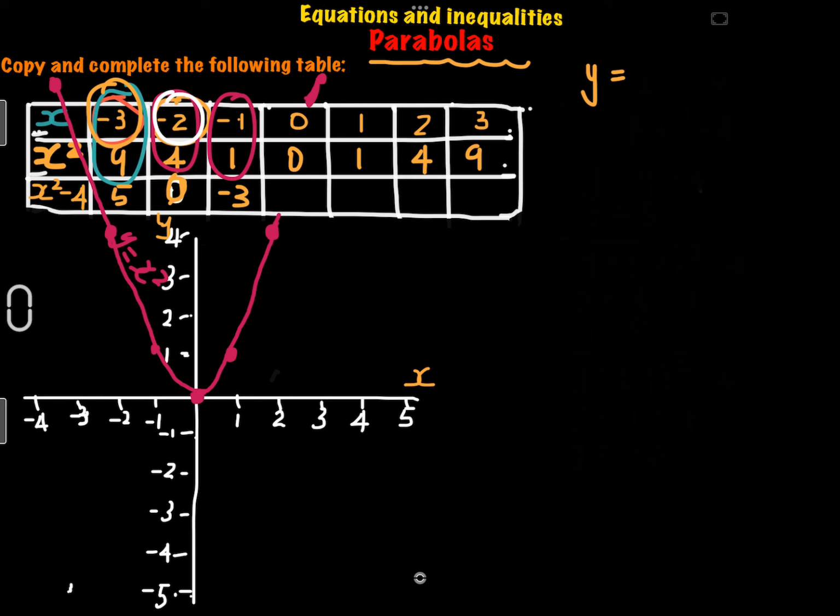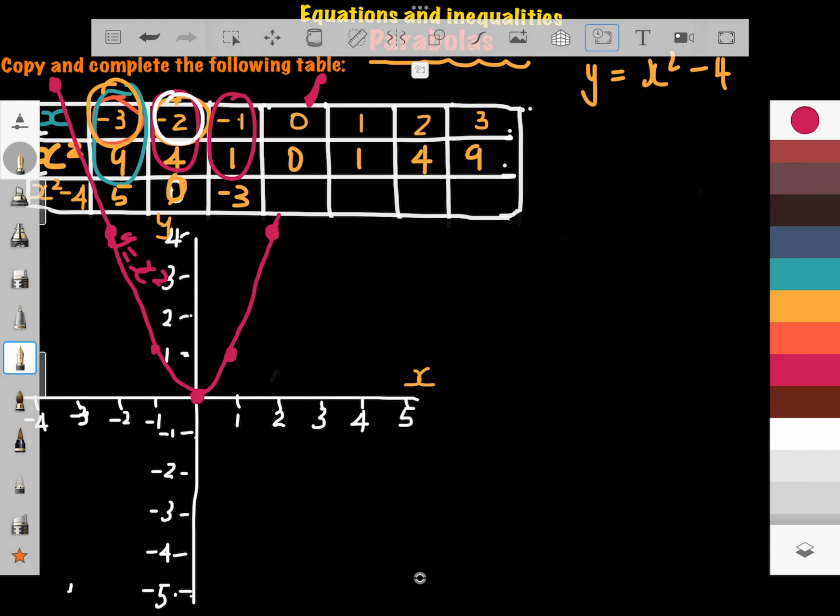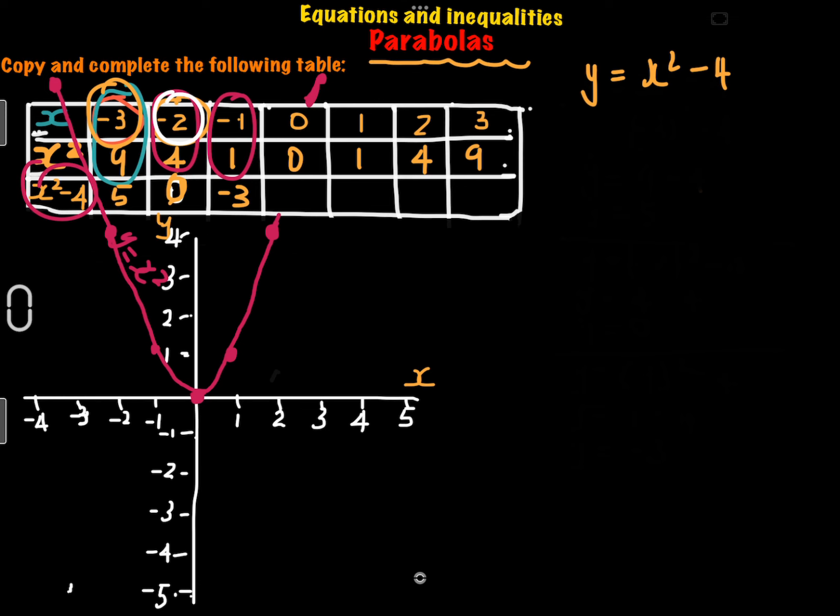So we have x, remember this is our original equation. This one here. That's what we are addressing there. So y is equals to, this time x is equals to 0 minus 4. Any value, it's a 0 raised to the second power, it's just simply 0 minus 4. Y is equals to -4.